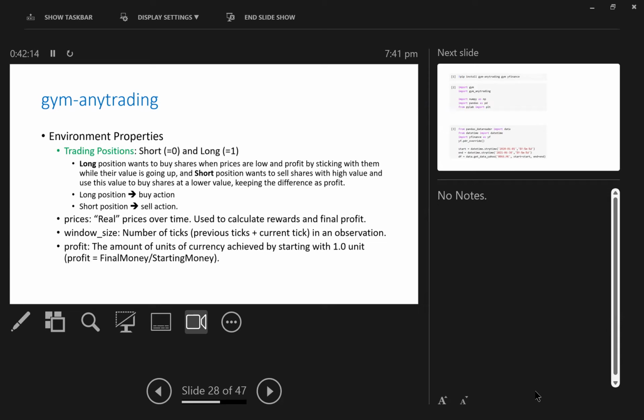So the environment also provides this kind of information for us, namely that for every trading day, it takes the prediction on whether the stock is at a long or a short position on that trading day.